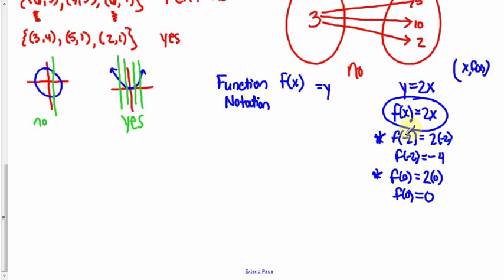They will tell you in the directions it's a function. Evaluate the function f of x equals 2x for the following values. Okay? Now, some students think that means f times x. That is not what that means.